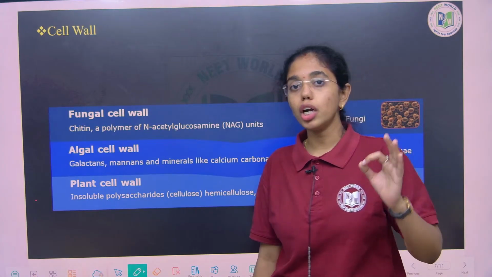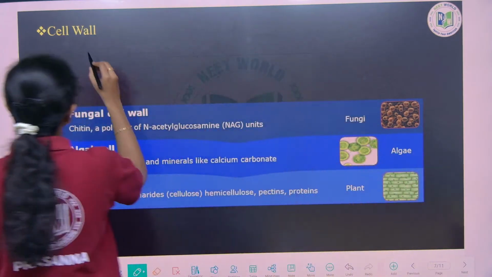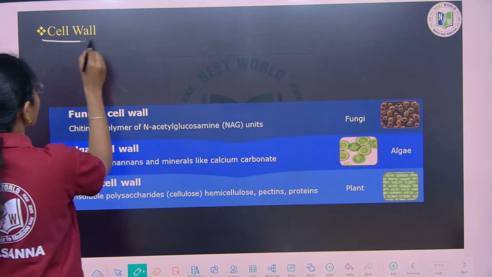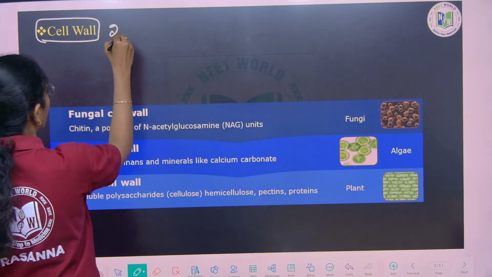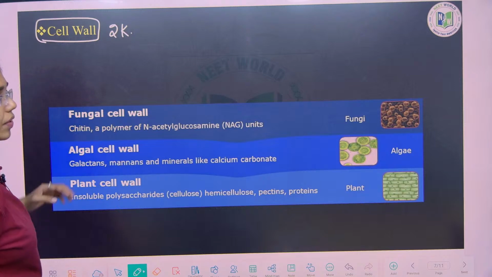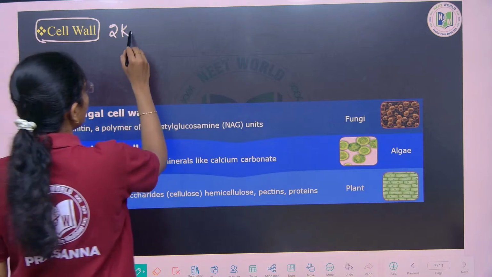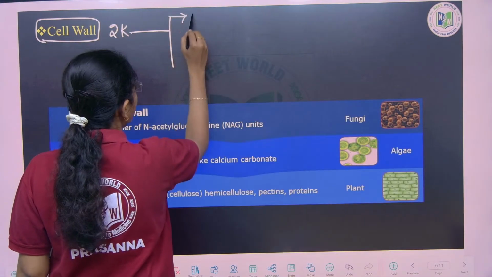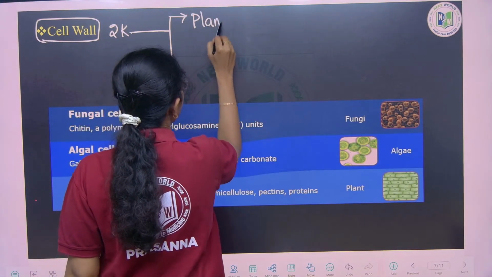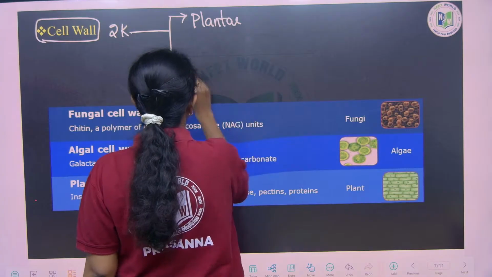So, the initial 2 kingdom system of classification is done on the major criteria, that is cell wall, wherein the 2 kingdoms that are divided are Plantae and Animalia.